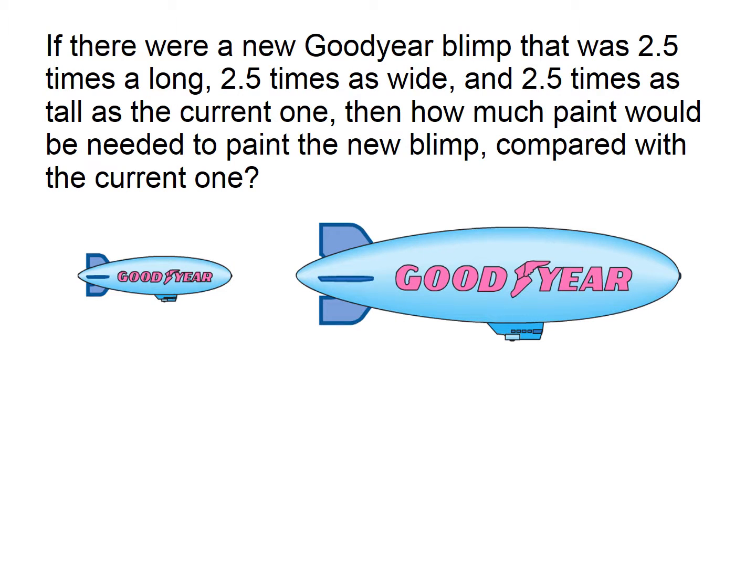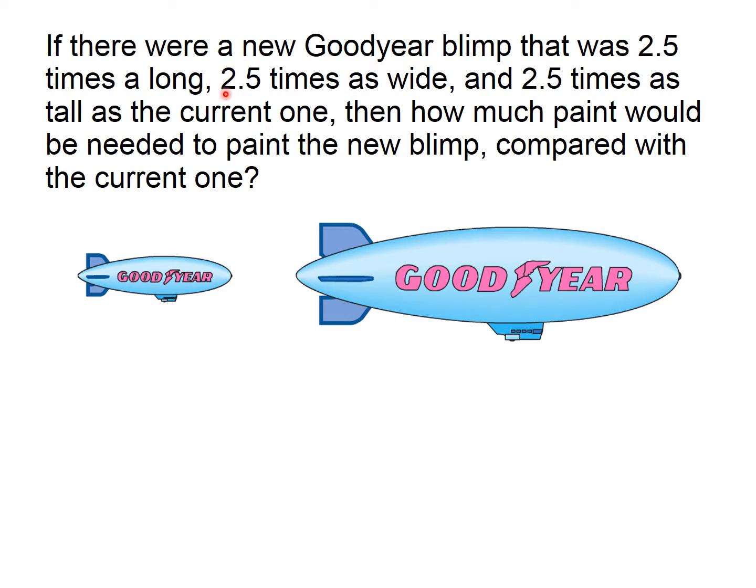So let's look at an application of this observation. If there were a new Goodyear blimp that was 2.5 times as long, 2.5 times as wide, and 2.5 times as tall as the current one, then how much paint would be needed to paint the new blimp compared to the current one? So here's a simple picture of our original blimp and our new bigger blimp. And if we wanted to paint it, how much more paint is it going to take?